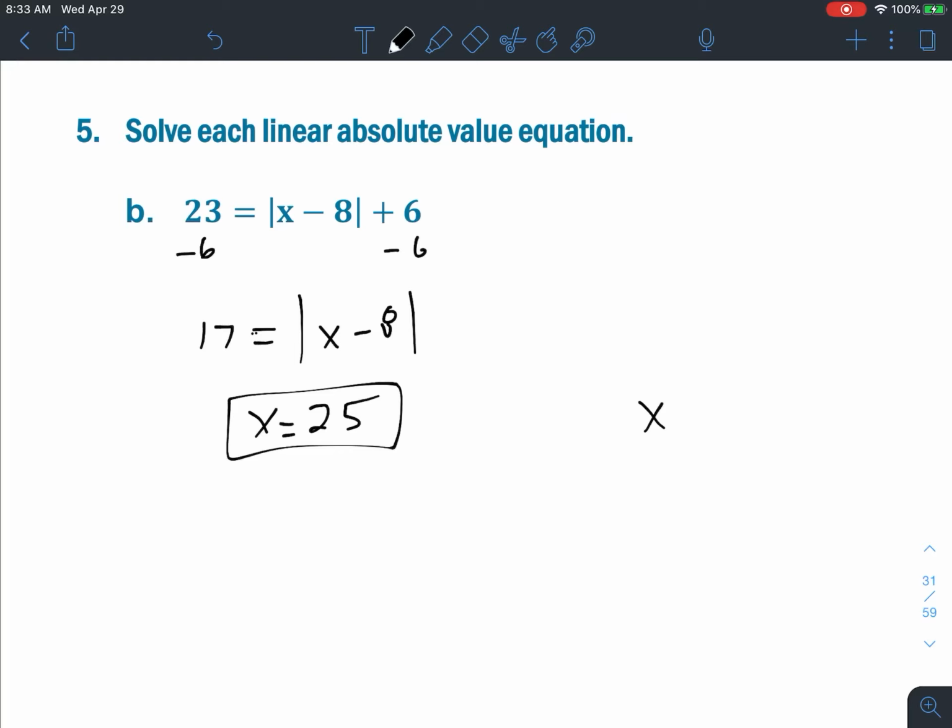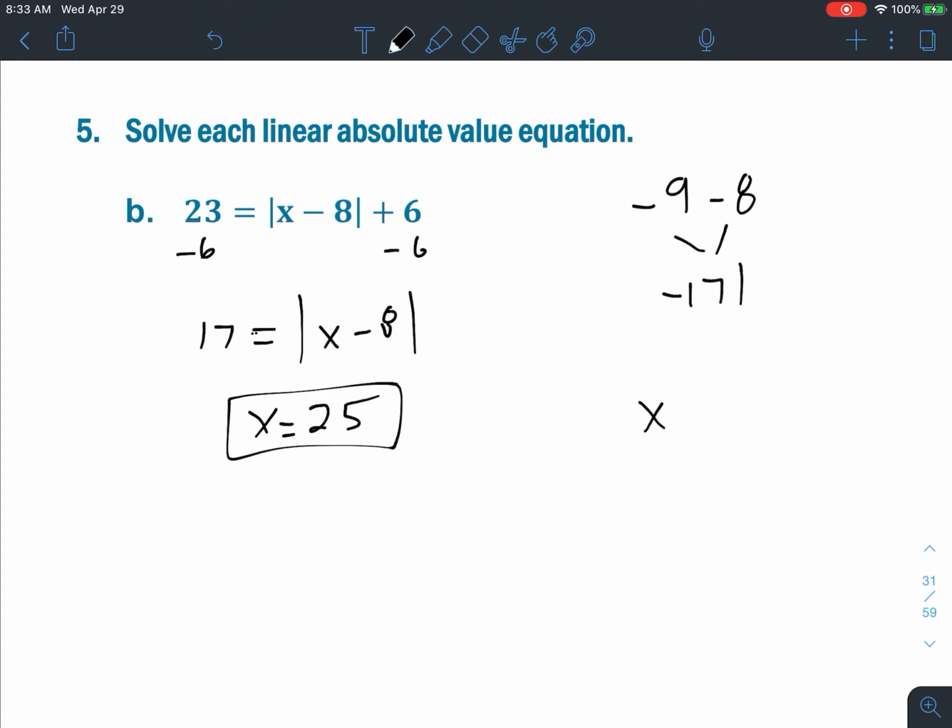Essentially we know we have to make the x, based off what we did here, equal to 17, because 17 plus 6 will give us 23. So what number minus 9, and both being negative, will give us 17? Well, we should know negative 9 minus 8 gives us negative 17.